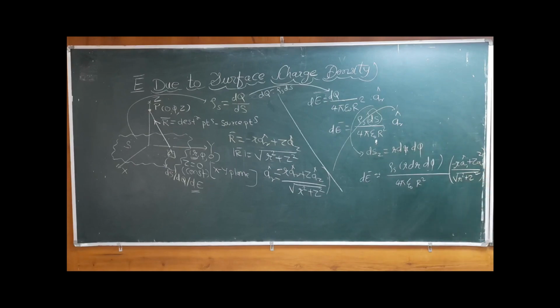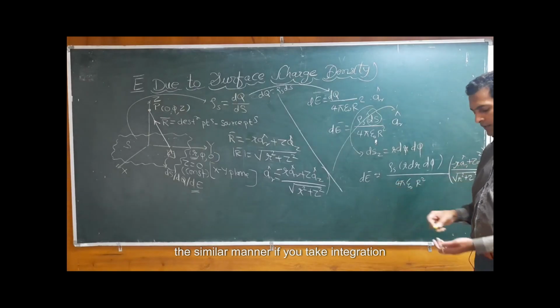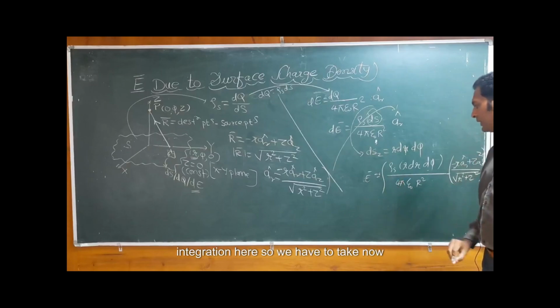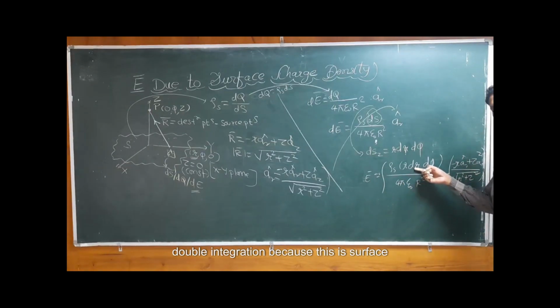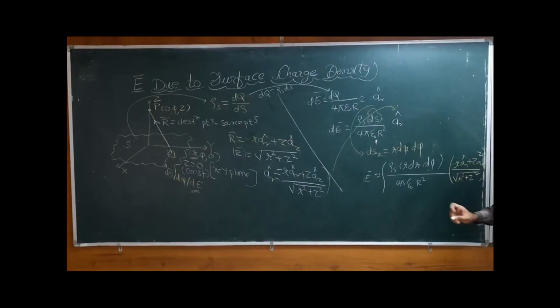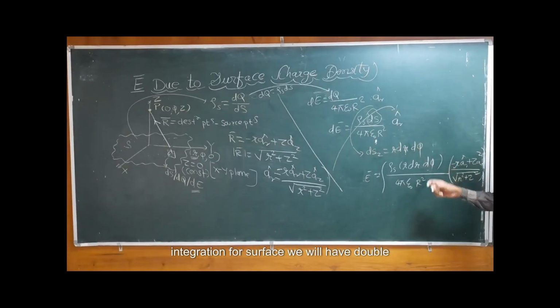So this is our expression. Now we have to simplify it in a similar manner. We have to take integration here. We have to take a double integration, because this is a surface. For a line there was a single integration. For a surface we will have a double integration.